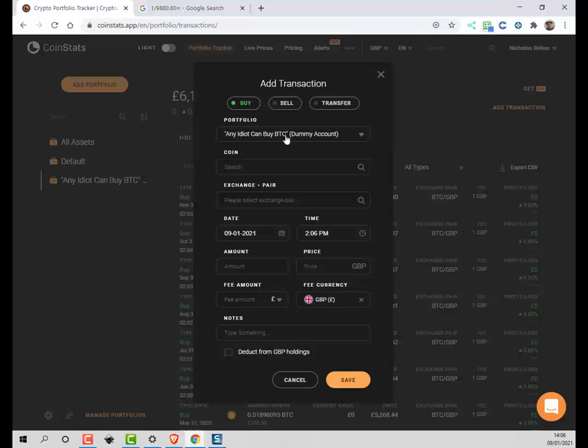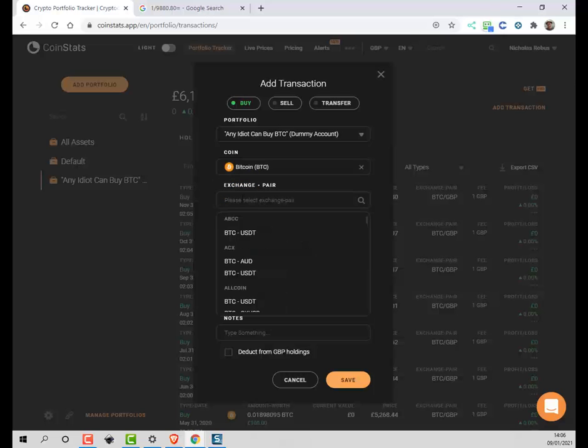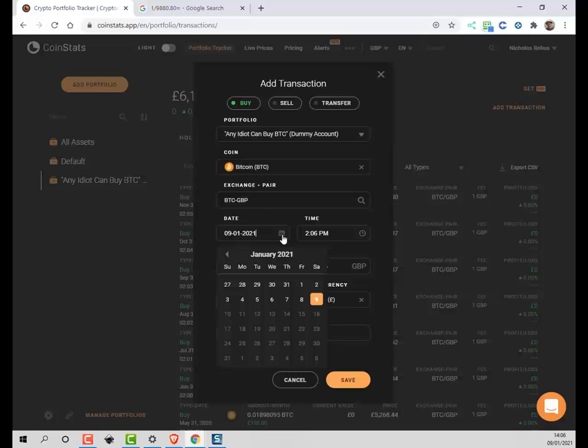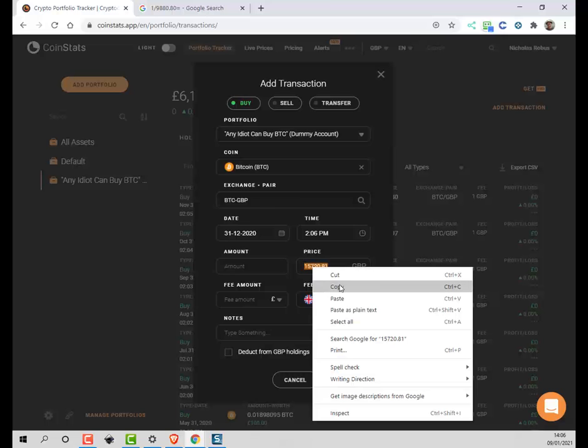Okay, so just adding in the last transaction now, which will be December. So BTC-GBP. We're going to go for December 2020, the last day of the month. The price has now risen to £15,720 per Bitcoin.